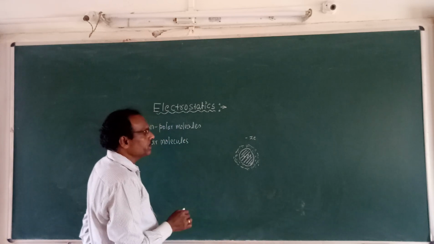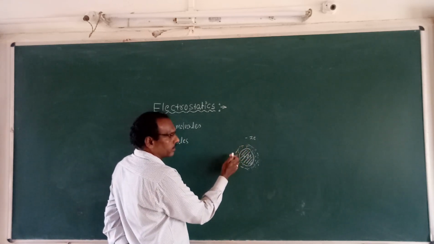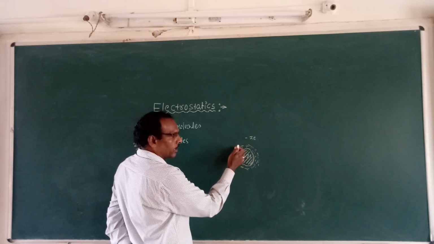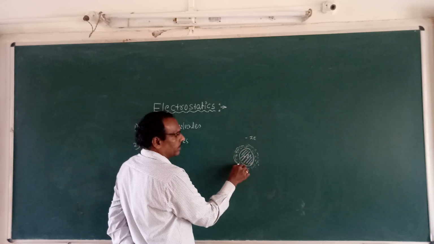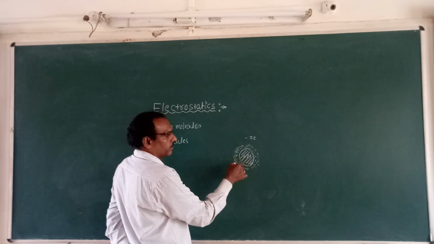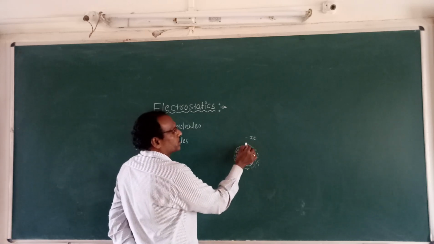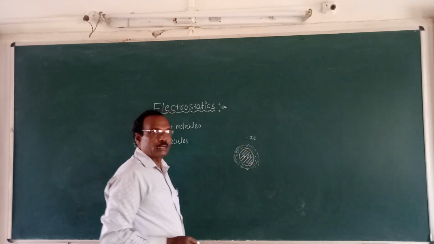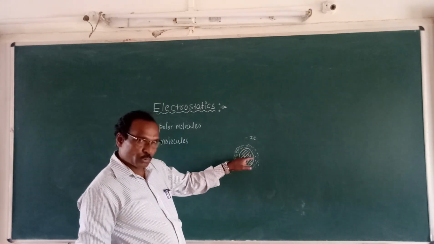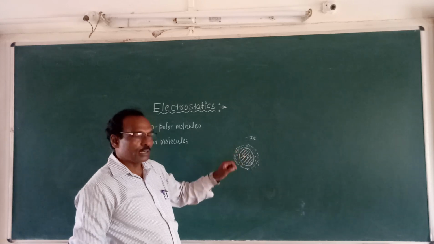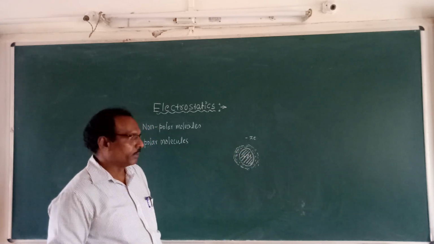Now the point here is this electron cloud. This is a layer, you can say. It has a certain radius. So this will have a center of gravity. The nucleus is positively charged and it has a center of gravity.